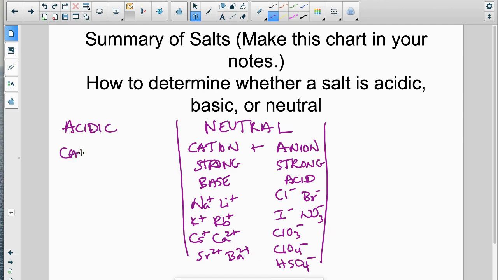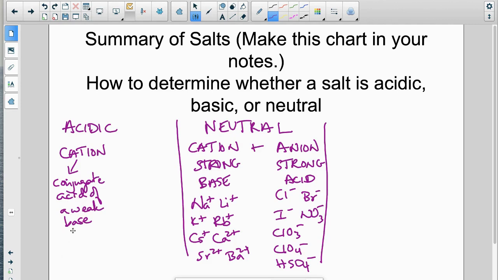So the cation is going to come from a conjugate acid of a weak base. Remember, the conjugate of a weak base is a weak acid.